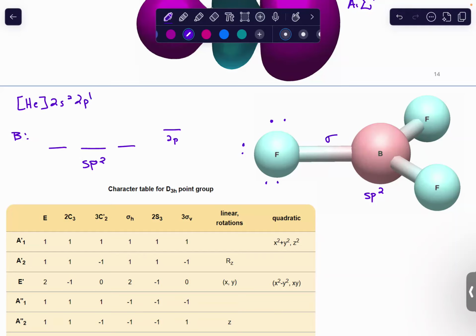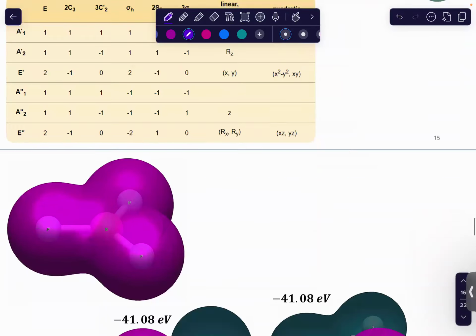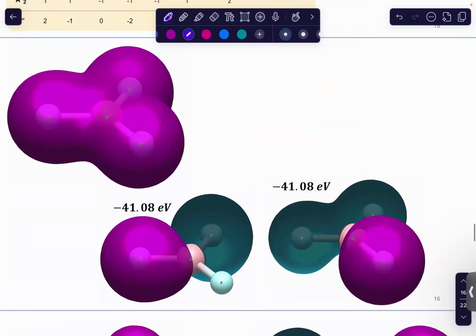It needs 3 sigma bonds. It has 3 valence electrons, so the sigma bonds have to go there, but I'm out of valence electrons. Well, that's kind of interesting, because I have a 2p orbital that's left that's completely empty. That's a nice available energy level that's just waiting for electrons. So let's look at some of these structures.